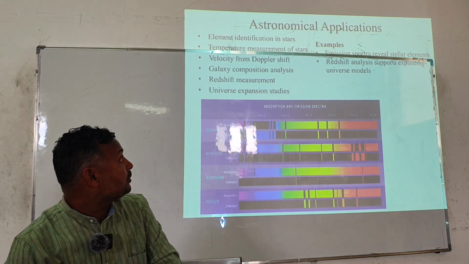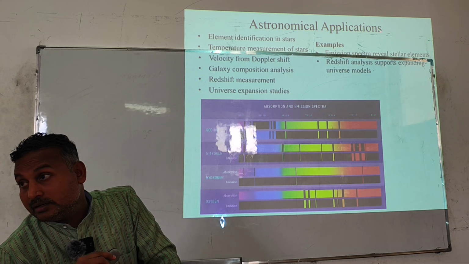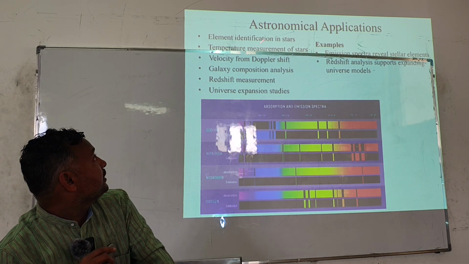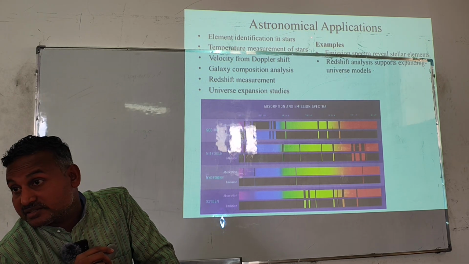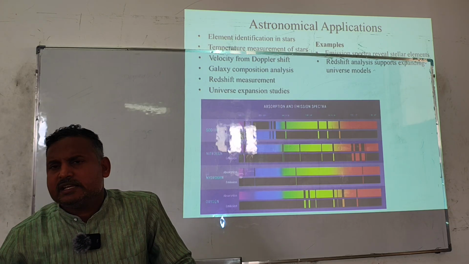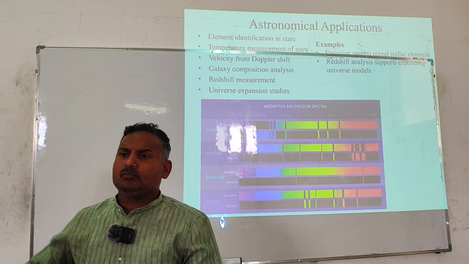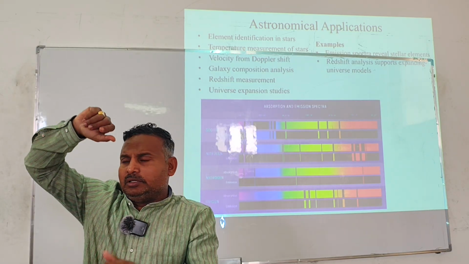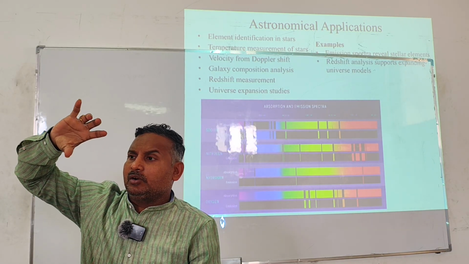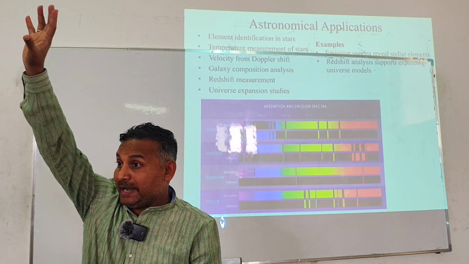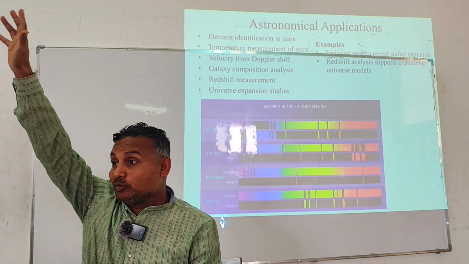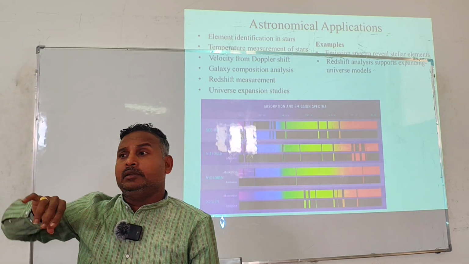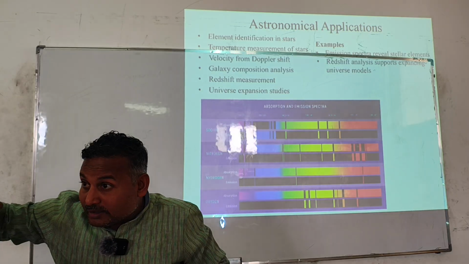Now we are coming to the last one, astronomical applications. Element identification in stars. So these days, people are sending rockets to other planets. After going there, a rover will come out.